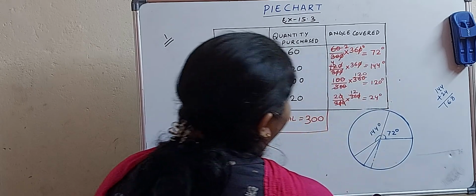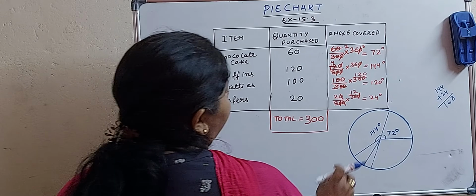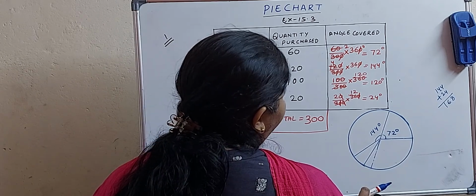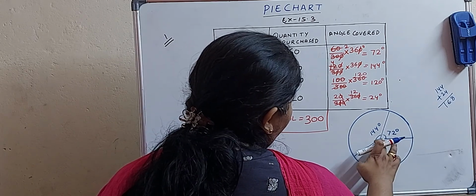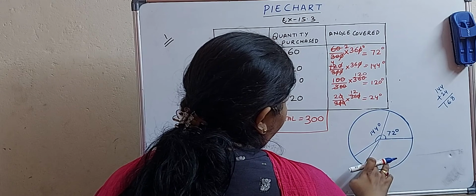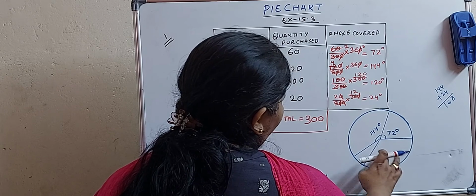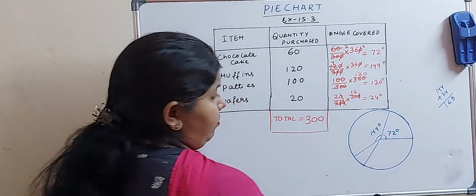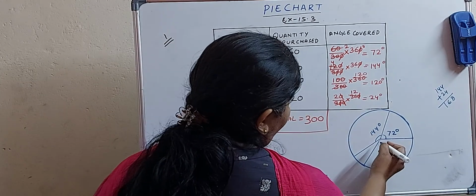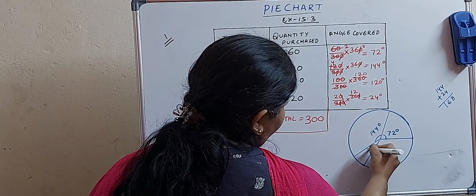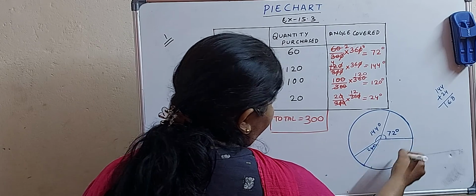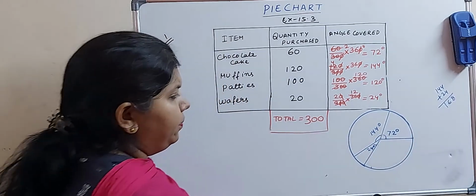So this is how we got 24 degrees. The remaining angle that is left is your 120 degrees. If you want, you can measure it with your protractor. This is your 24 degrees you have marked, and the remaining part is your 120 degrees.